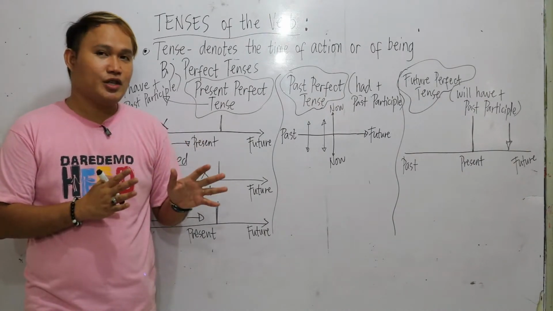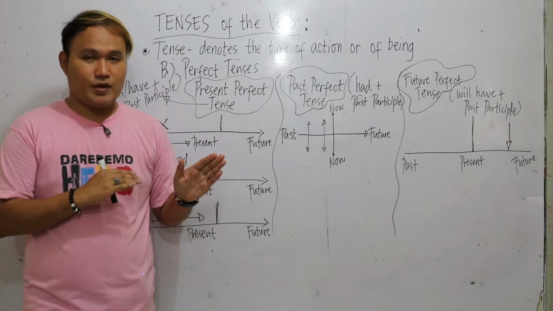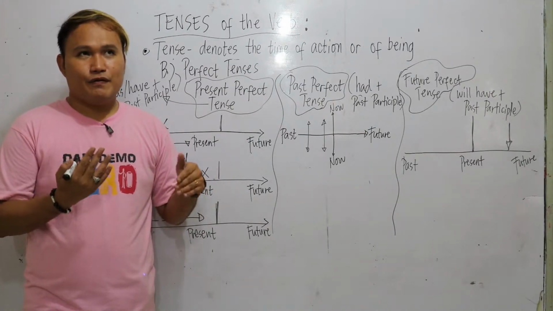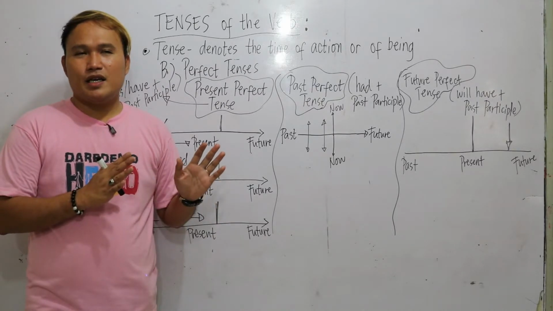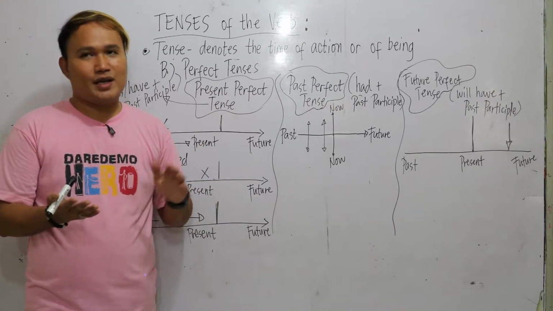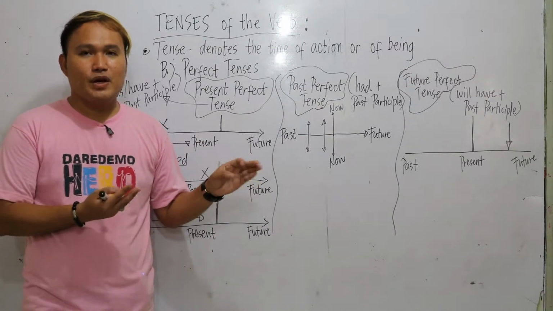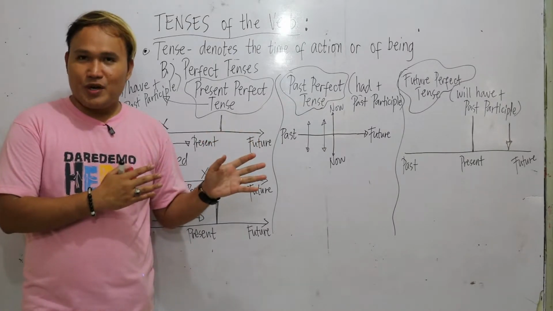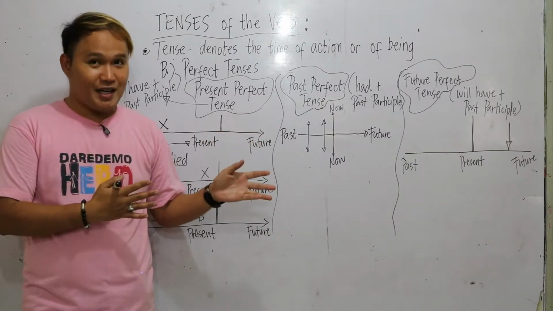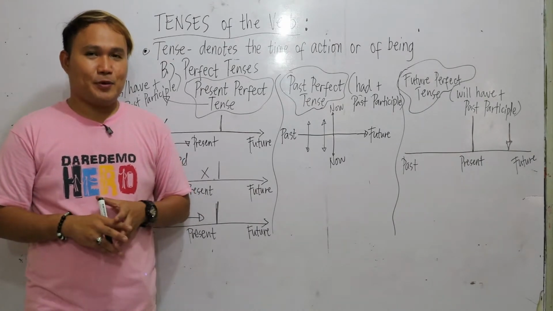There is the action that's just recently happened or finished, may it be a few hours ago. It depends on the speaker on what action he was trying to refer to. So I was trying to refer to that I have just recorded a video lesson about simple tenses of the verb.